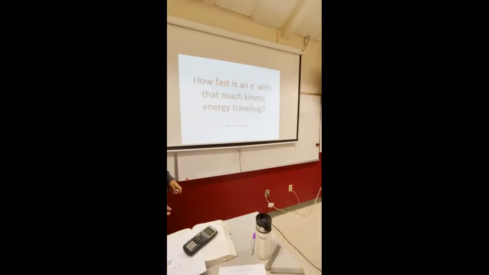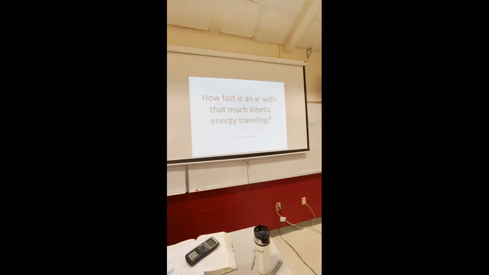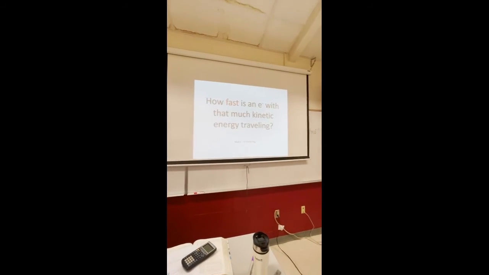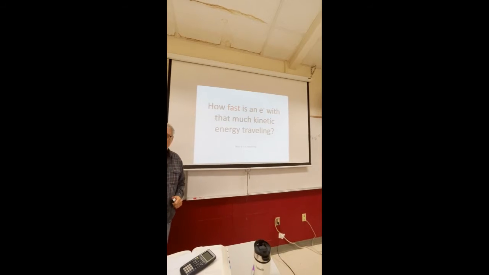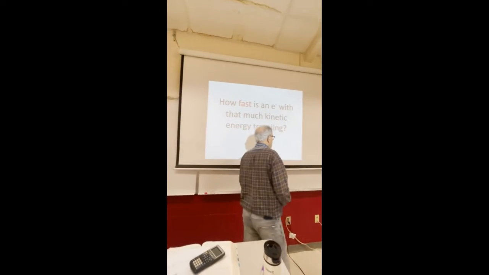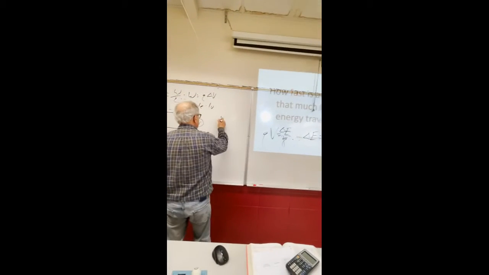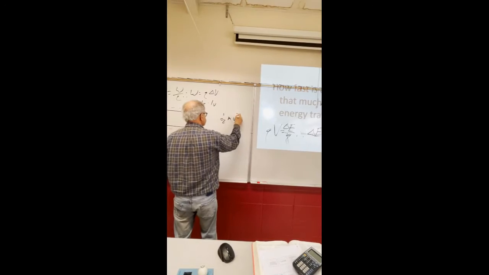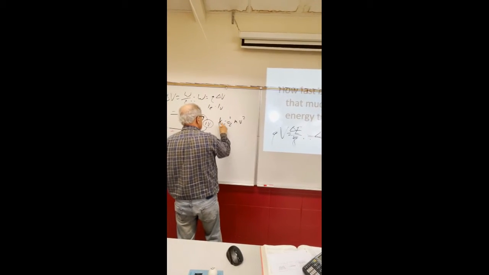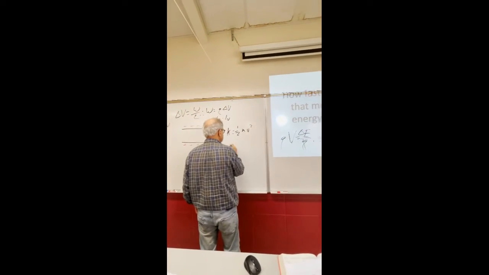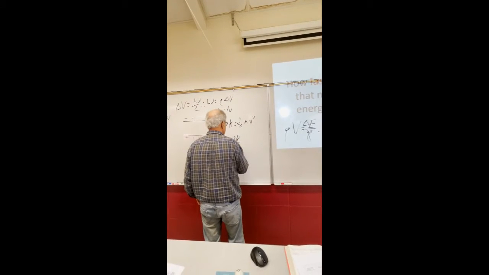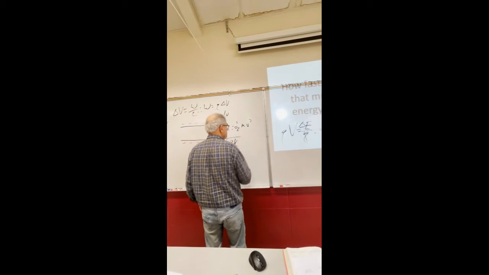All right. How fast is an electron traveling with that much kinetic energy? 1/2 mv squared is equal to the kinetic energy. We want to know the velocity. That's the square root of 2K divided by m.